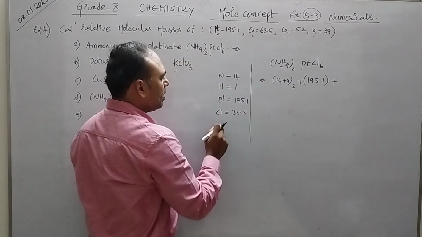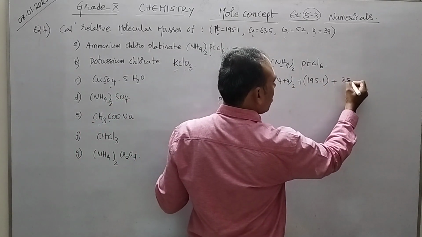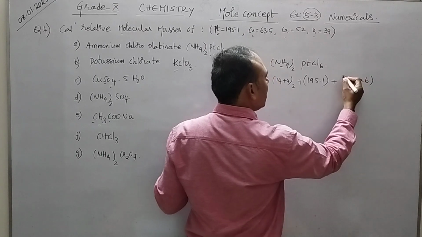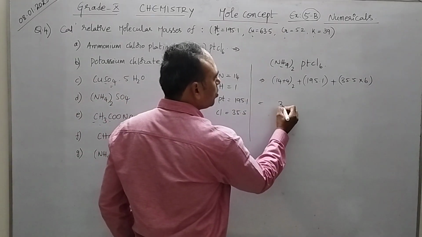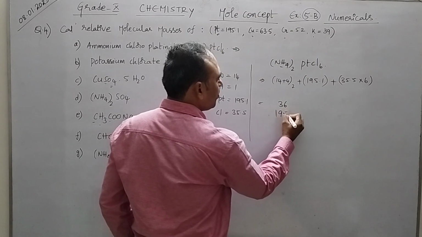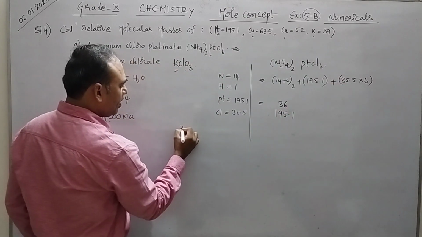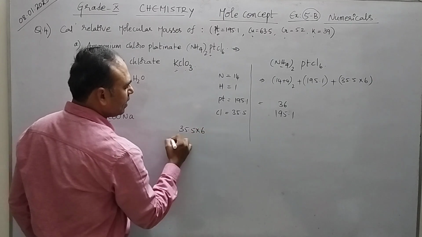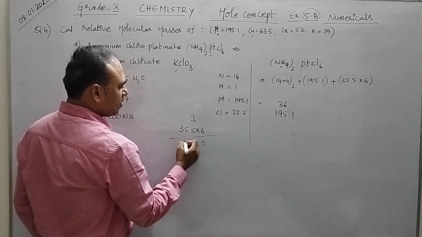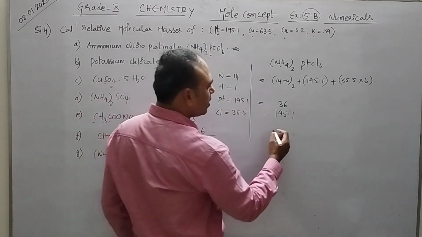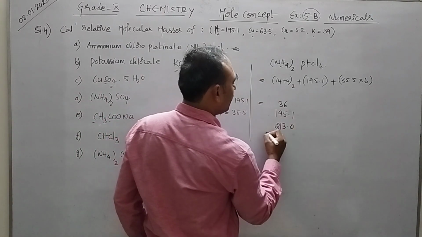Next, for chlorine 35.5, the number of atoms is 6, so multiply with 6 here. Now take it separately: 18 into 2 is 36, 195.1, and 35.5 into 6 we will calculate here. 6 5s are 30, so 30 plus 3, 33, 6 3s are 18, 21. So we get 213 for Cl6.